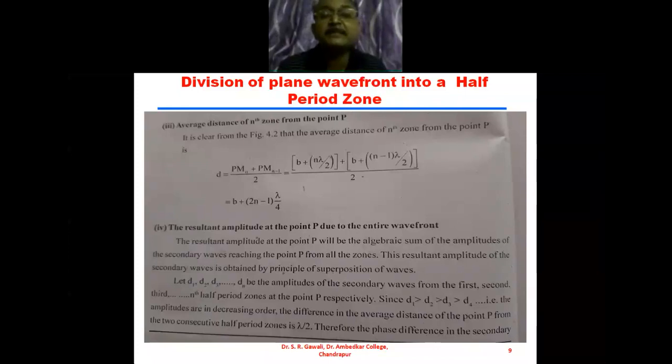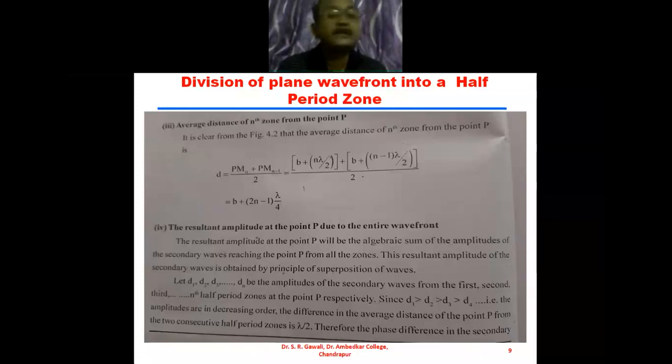So we have to obtain the resultant amplitude of the secondary waves by using the principle of superposition of waves. Here we will assume that d1, d2, d3, d4 and so on dn be the amplitudes of the secondary waves from the first, second, third half period zones and so on at the point P respectively.